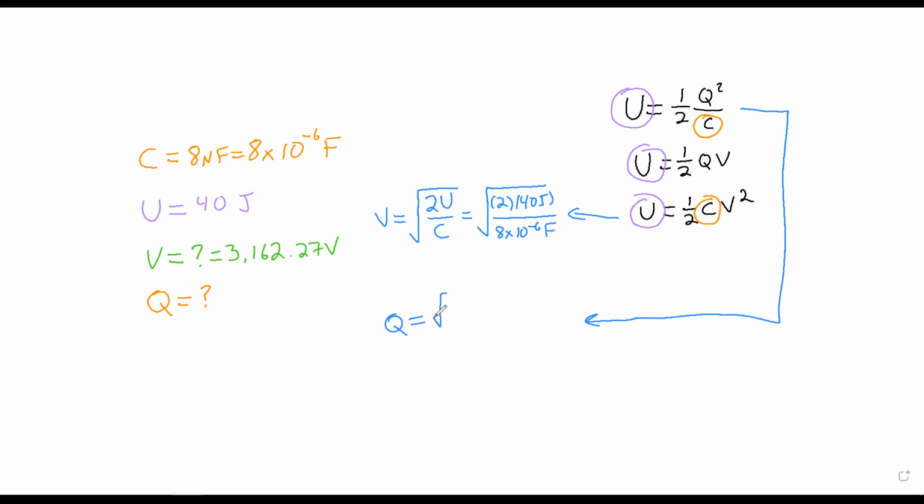Q is going to be the square root of 2 UC. You can use the second formula. Yes, since we already found the voltage, we could also use that one. Yeah, that's correct. The voltage is 3,162 volts. That's what Enya got. Let's verify.